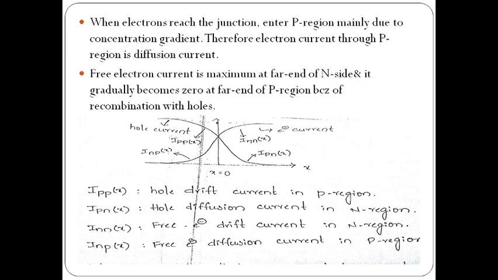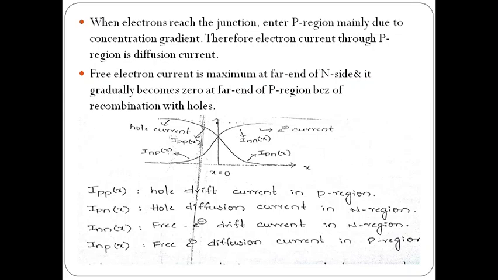This current is due to the drift mechanism, so I_nn(x) is the current due to electrons in the n region, called drift current. Now at x equals 0, it is exponentially decreasing in the p region. It is represented with I_np(x). It is the electron diffusion current in the p region.